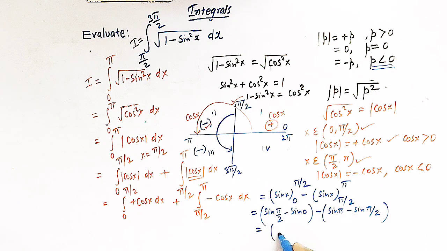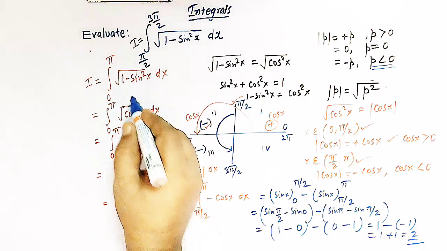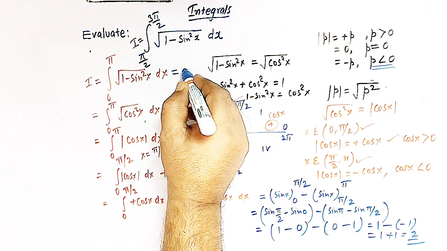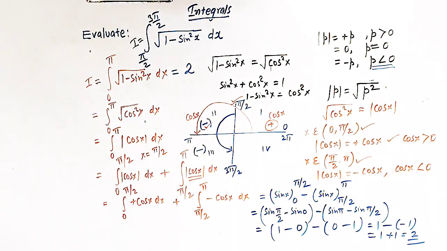Sine pi by 2, that is sine 90 degrees, is 1, sine 0 is 0, sine pi is 0, and sine pi by 2 is 1. So we have 1 minus 0 is 1, minus minus 1. So this is 1 plus 1 is equal to 2, right? So the value of this integral is equal to plus 2.